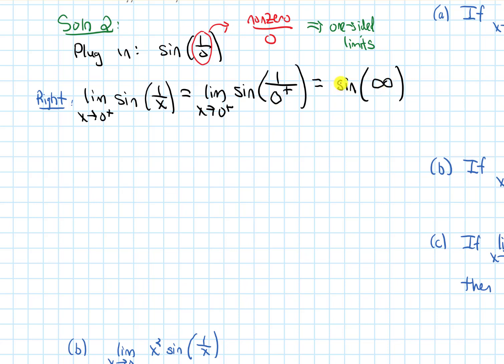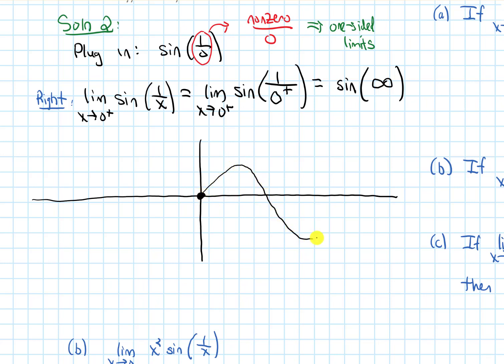So I've boiled this down to now needing to know, what is sine of infinity? I can draw my graph of the sine function and take a look at what happens as my angle goes to infinity. The sine graph goes through the origin and ticks upwards, goes down, oscillates, ticks upwards again, keeps oscillating. In the negative direction it goes down and then up and then down and so on.